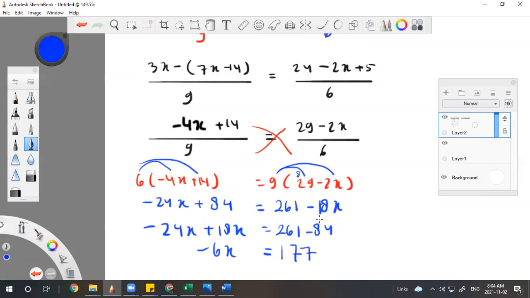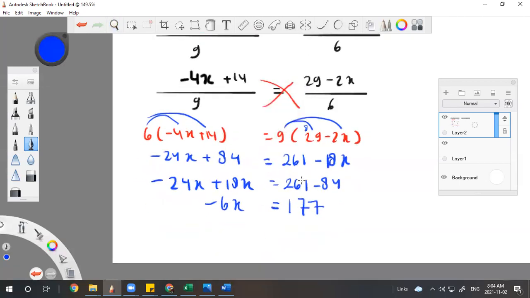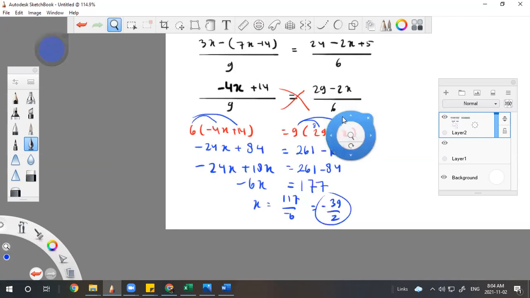Benar nggak? Yeah. So x will be 117 over negative 6. Hitung kalkulator. Jelek jawabannya, negative 39 over 2. Oke, nggak apa-apa. Yang penting selesai.